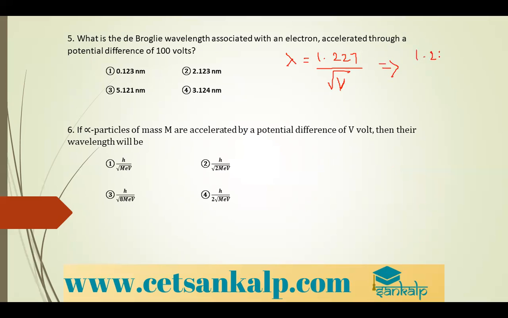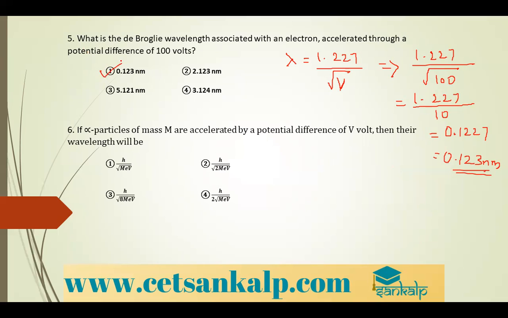So 1.227 divided by root of 100. So it is 1.227 divided by 10, which is nothing but 0.1227. So you can round off. 7 is more than 5, so plus 1. Whatever it is, 0.123 nanometer. So option 1.